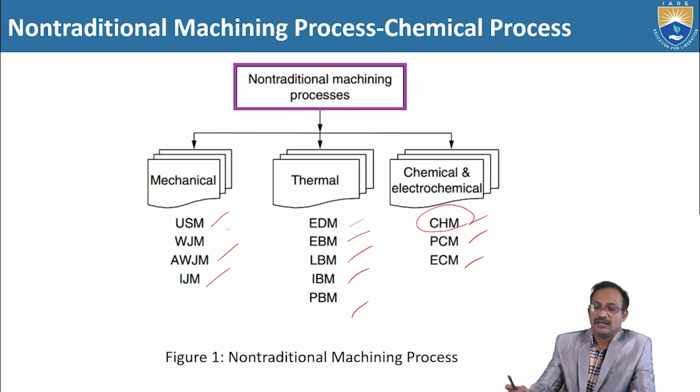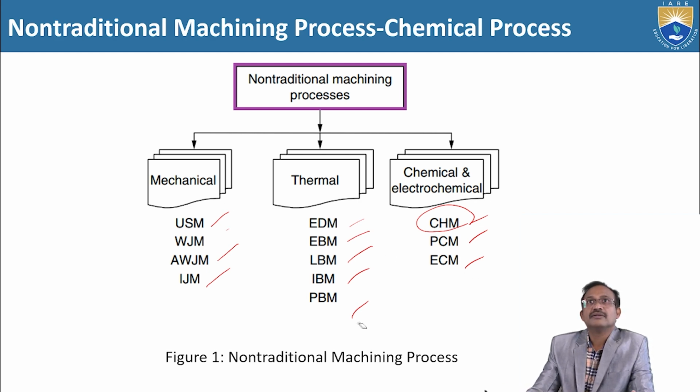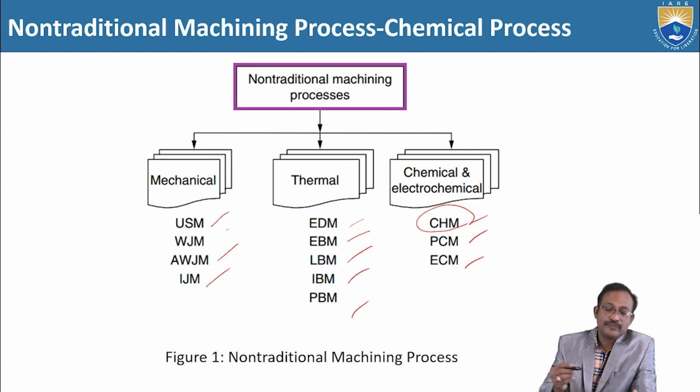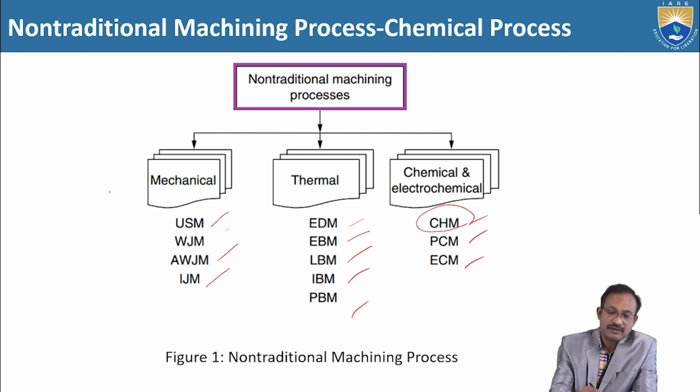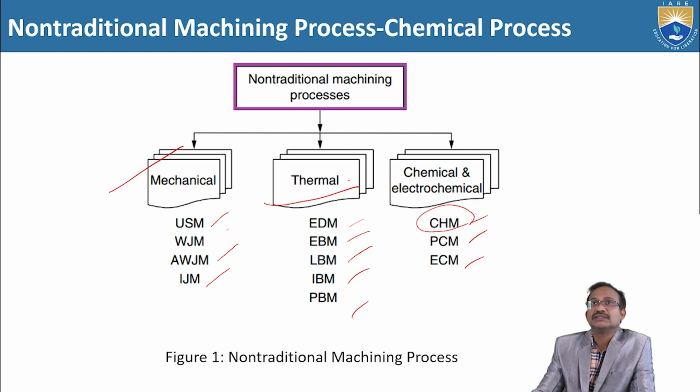Now let us discuss the various categories of non-traditional machining processes. We have three major categories: mechanical, thermal, and chemical and electrochemical.